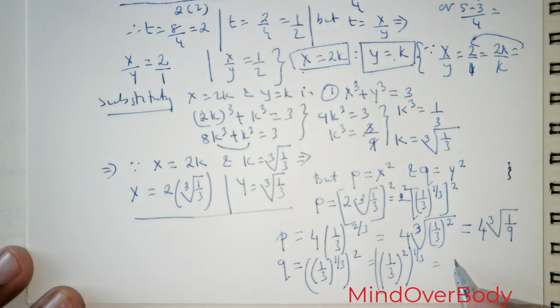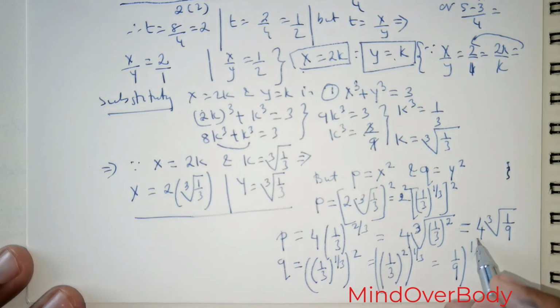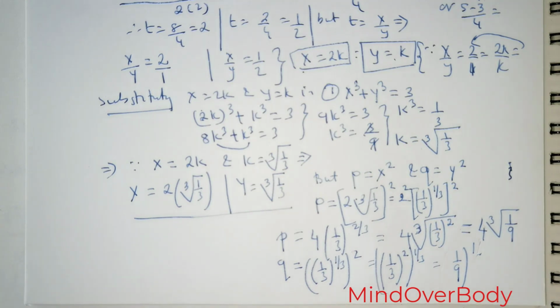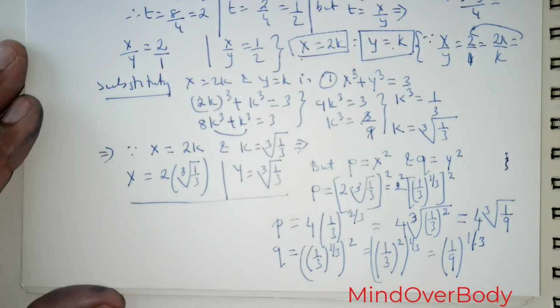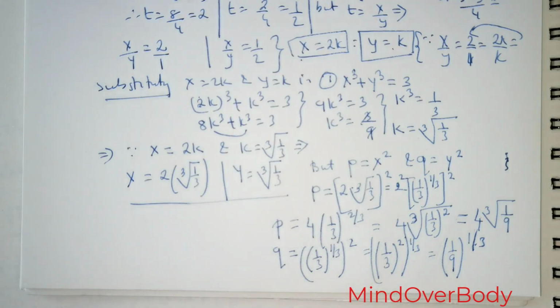So that's going to be 1 over 9 raised to the power 1 over 3. You can just substitute 1 over 3 there, and you would get this value. So this is my p, this is my q.